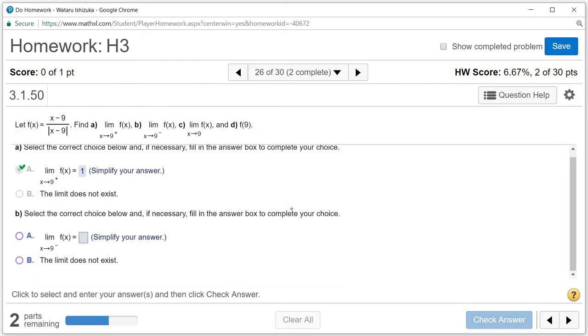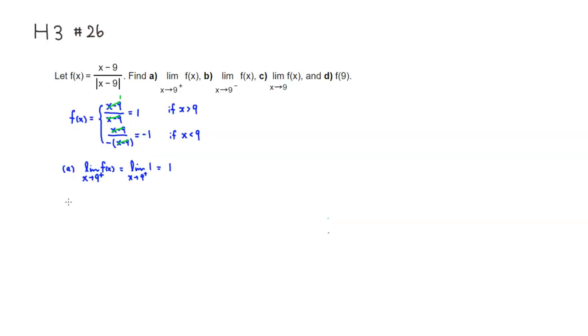Next one is as x approaches 9 from the left. For B, if you approach 9 from the left, you can think of x being slightly smaller than 9, which means you're going to have to use the bottom function.